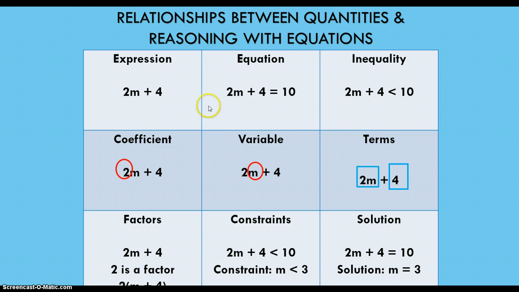So what I would do first is I would point to the word expression and I would say expression. And then I would have my students repeat expression. And then I would point to the example and say an expression is a mathematical phrase. An expression does not have an equal sign. Then I would move on to equation.